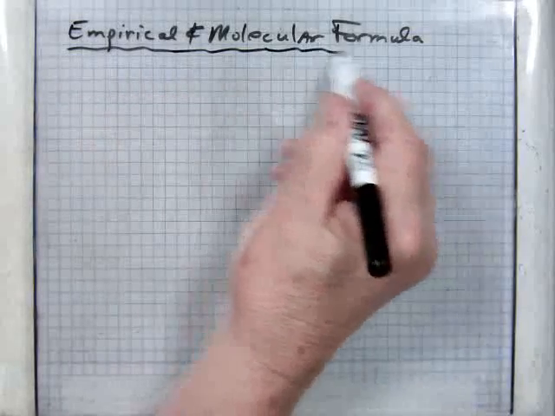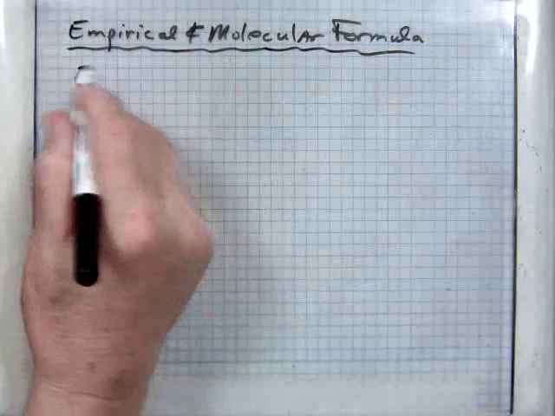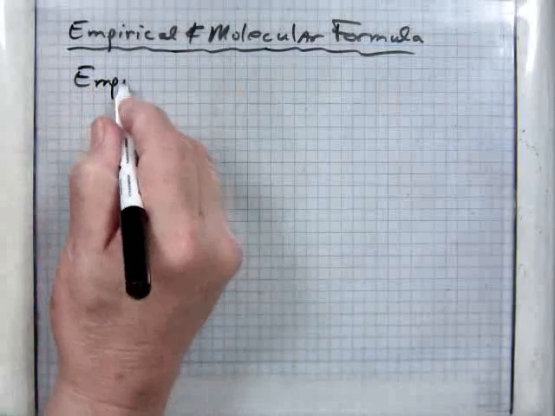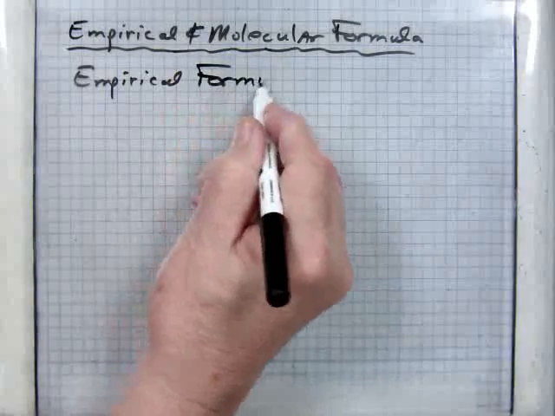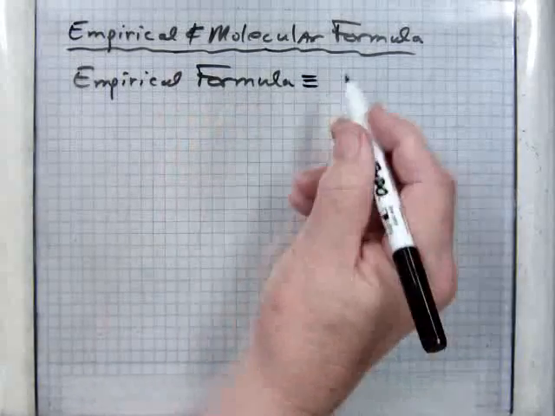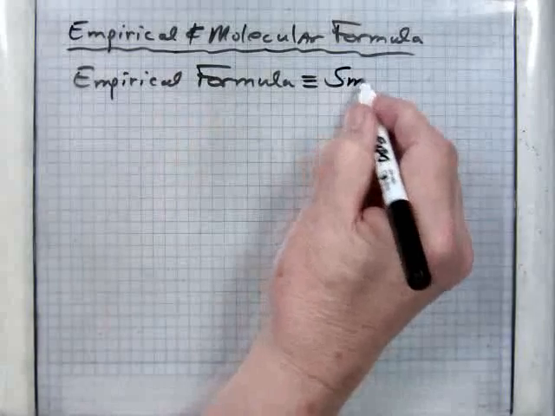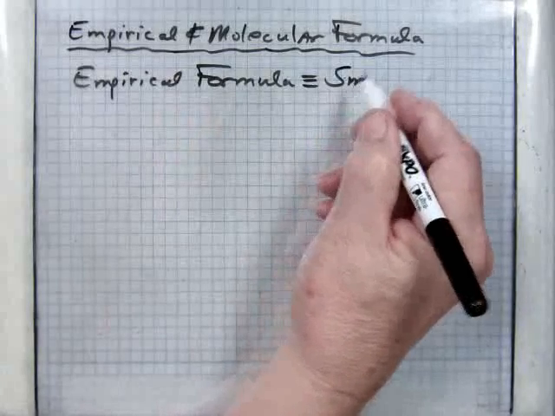May have mentioned this in the past. Empirical formula, by definition, is the smallest whole number ratio of elements in a compound.